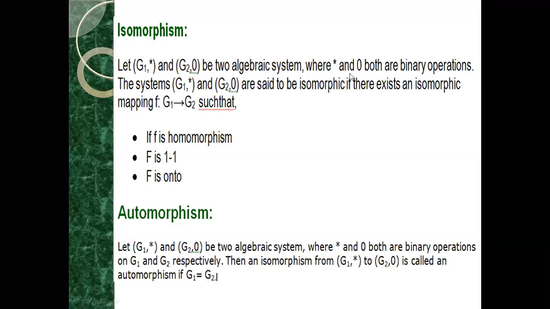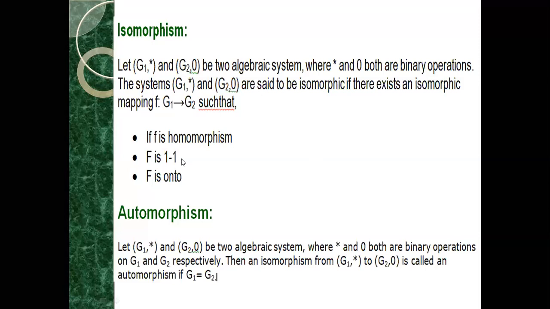The systems G1 star and G2 circle are said to be isomorphic if there exists an isomorphic mapping f that maps G1 to G2 such that the defining mapping satisfies these three properties. Then f is called an isomorphism. What are the properties? f is a homomorphism, meaning f of x star y is equal to f of x circle f of y. We have to prove f of x star y is equal to f of x circle f of y.